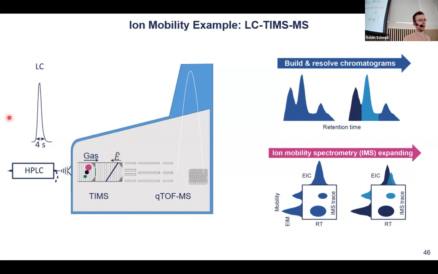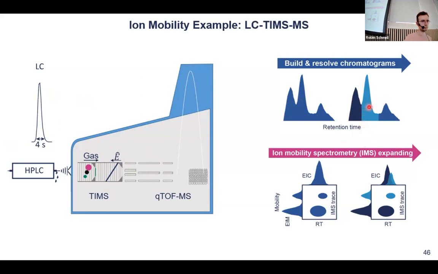For every ion package that comes from the LC, we can do one ion mobility separation. And then we need a really fast mass spectrometer to separate these ion packages and say, okay, these ion packages have these mobilities, or are this big.